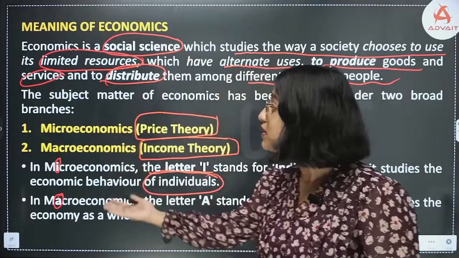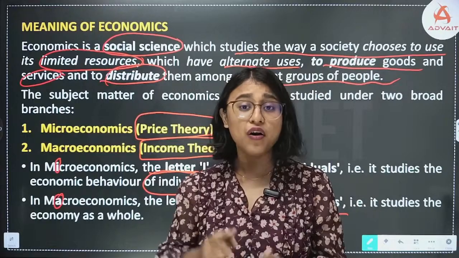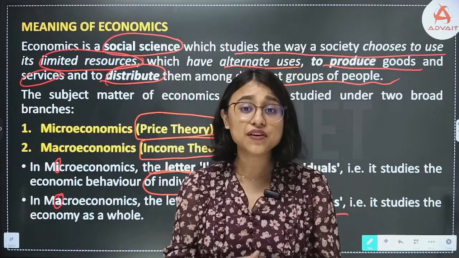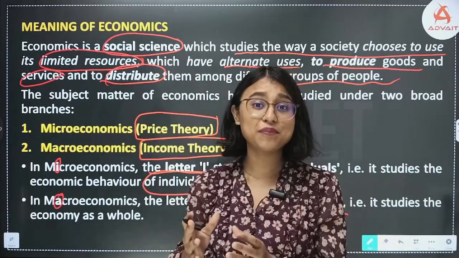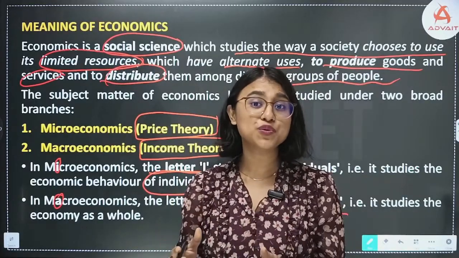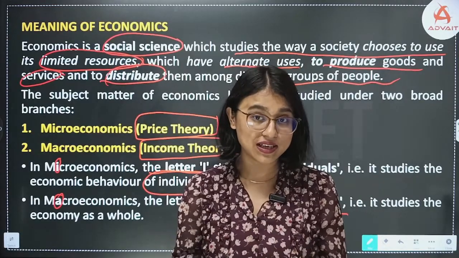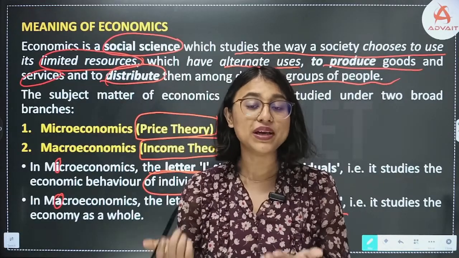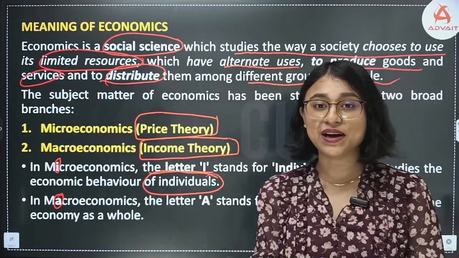But on the other hand, macroeconomics deals with the aggregates of the economy or the economy as a whole. Therefore, how much income the economy as a whole earns, it helps us to study that. It helps to understand the aggregate income in the economy, and therefore it is also said to be the income theory.